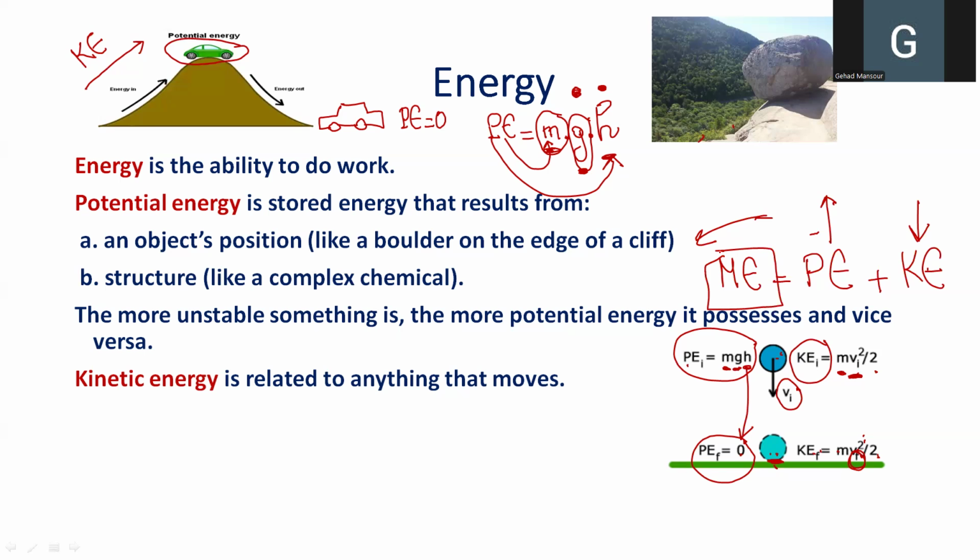Now, the potential energy also depends on the structure of the molecule, like, for example, the complexity of the chemical molecule. If we have free atoms that are not in their full octet state, so they are unstable, and they are all the time moving, they have a certain kinetic energy. For example, oxygen atoms.